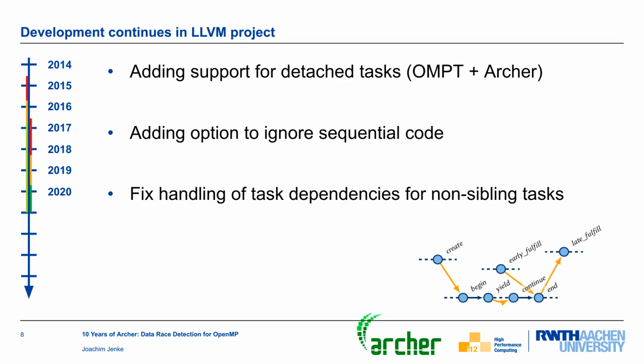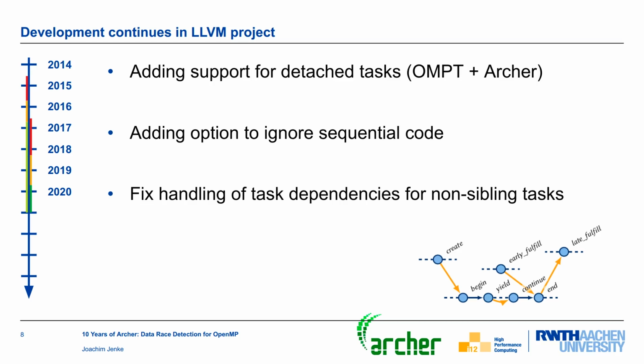So one thing is OpenMP introduced detached tasks, and we immediately implemented the OpenMP support and the Archer support for detached tasks. Another new option allows you to ignore sequential code.